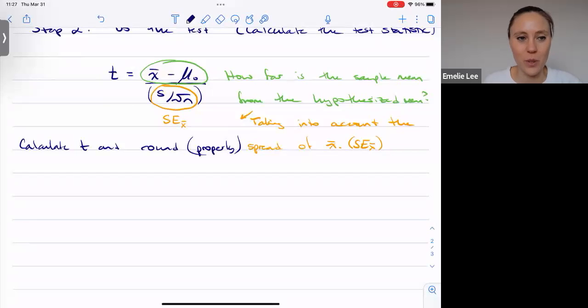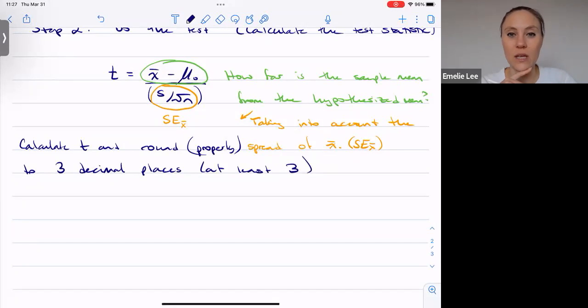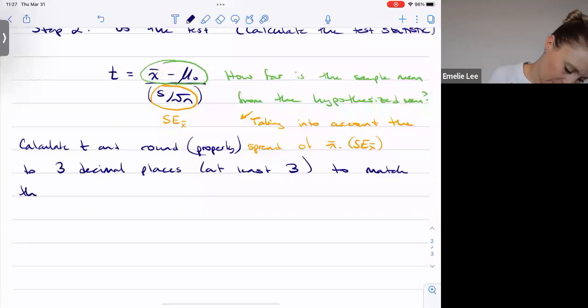So you're going to round properly to 3 decimal places, or at least 3. And why 3? That's to match the table. If you have a look at the table, you'll see that in the body of the table there's a bunch of t's, and all of them have 3 decimal places. So if you keep at least 3 decimal places, or if you want to play it safe, you can go for 4, it's to match the table.